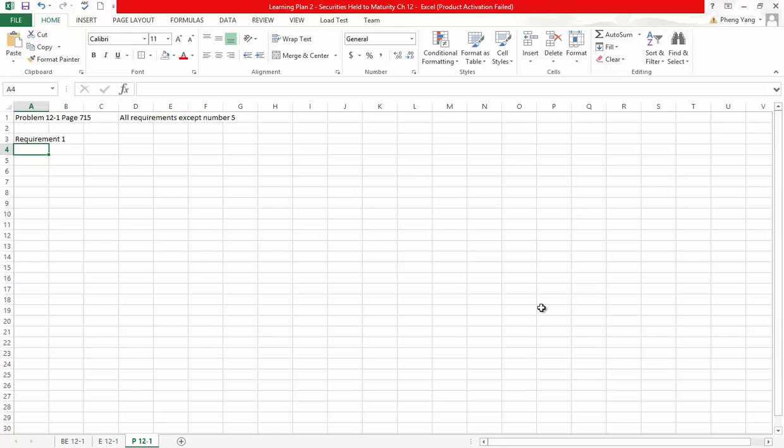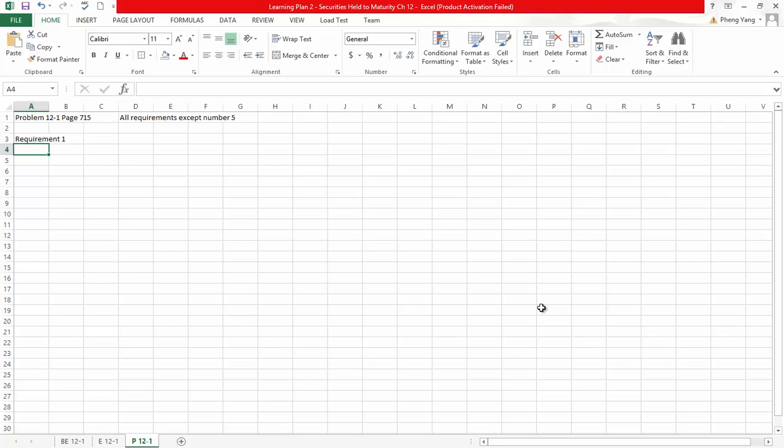Management has the positive intent and ability to hold the bonds until maturity. For bonds of similar risk and maturity, the market yield was 10%. The price paid for the bonds was $66 million. Interest is received semi-annually on June 30th and December 31st. Due to changing market conditions, the fair value of the bonds at December 31st, 2013 was $70 million.